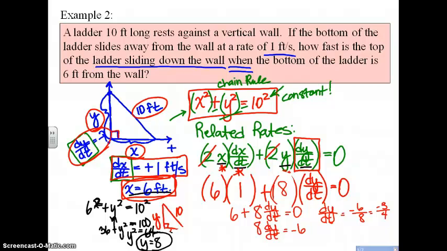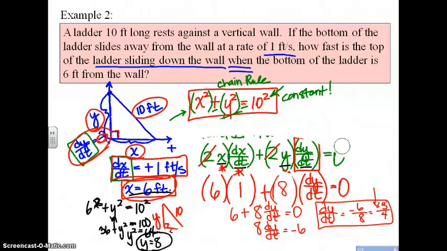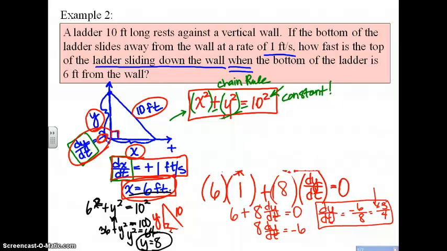So there is the work that we need to answer our question. And are we glad that it's a negative value? We absolutely are. We said up front that if that distance was decreasing, its derivative would have to be negative. So again, I'm going to give myself some space. You can write this beneath where we are, but they ask us in words, so we answer in words. How fast is the top of the ladder sliding down the wall?